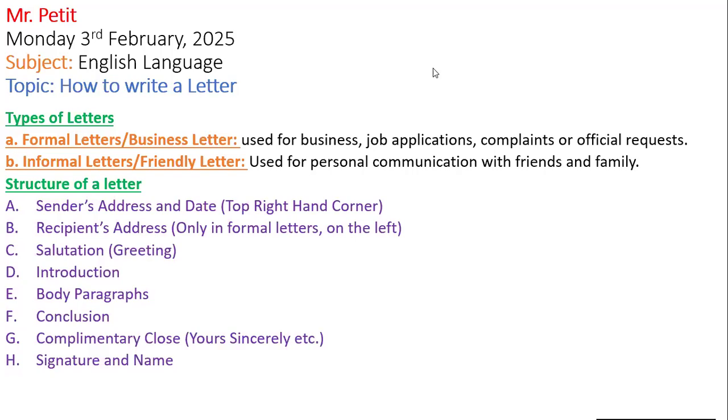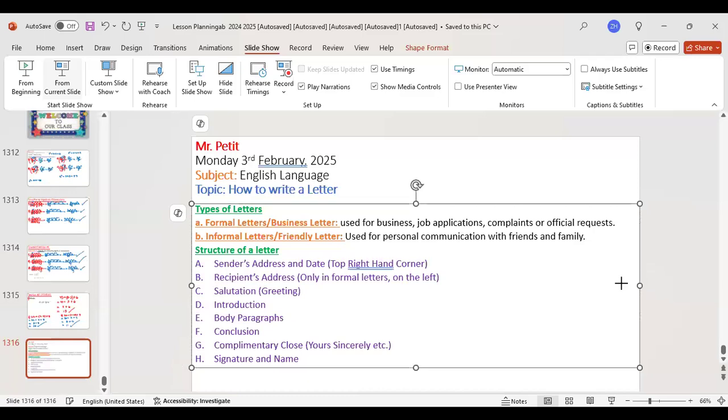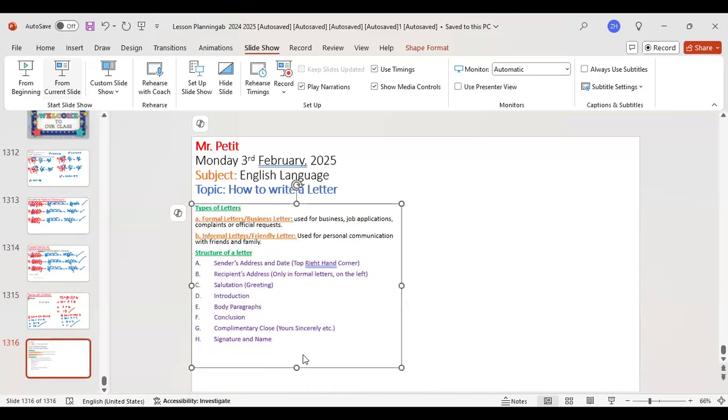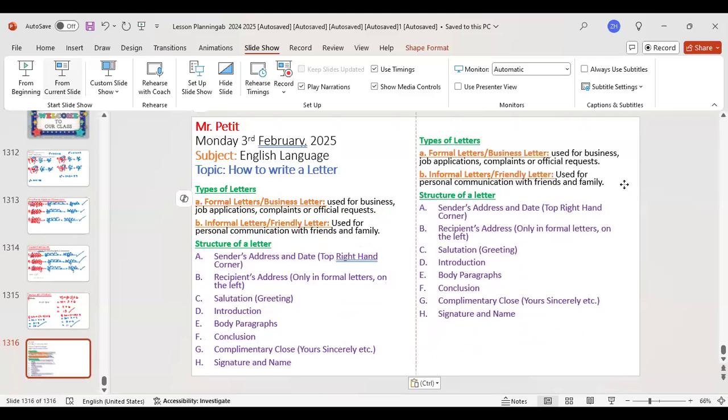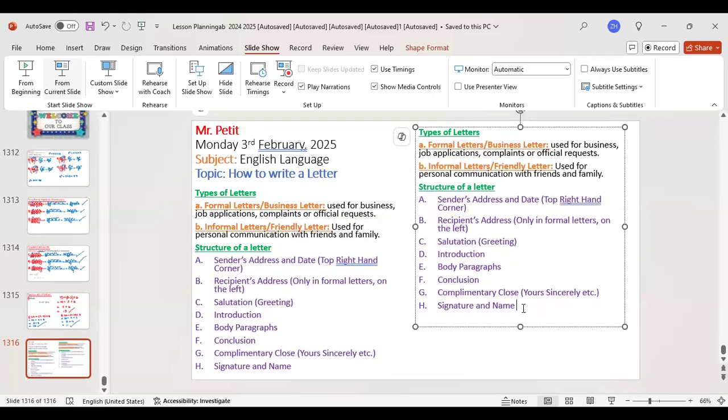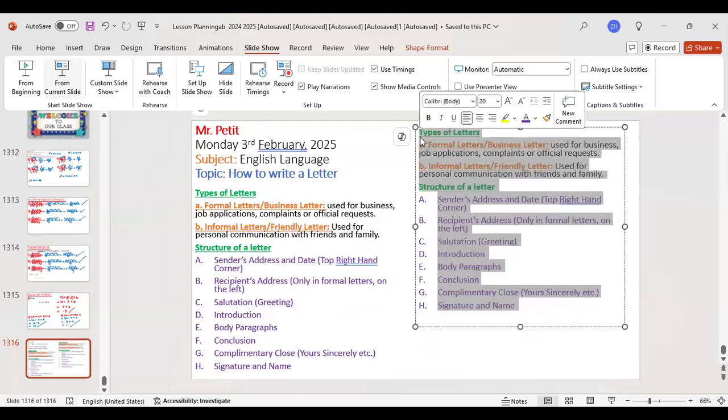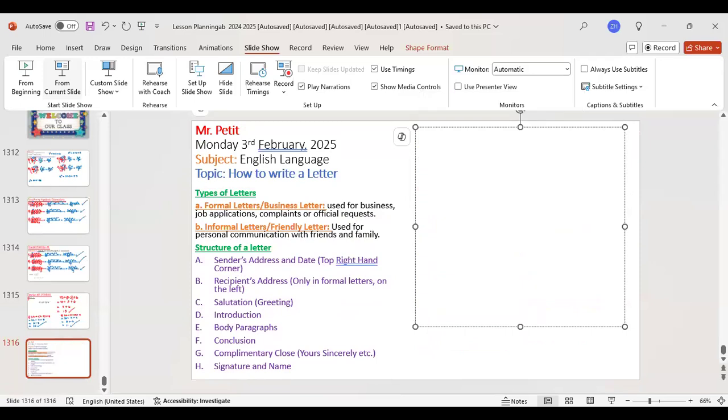So let's talk about the formal letter, or the business letter, right? Start off talking about that. We know that a formal letter is, how do we describe a formal letter?